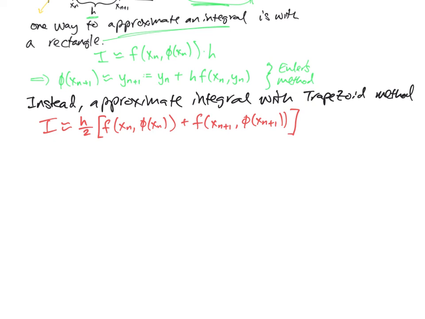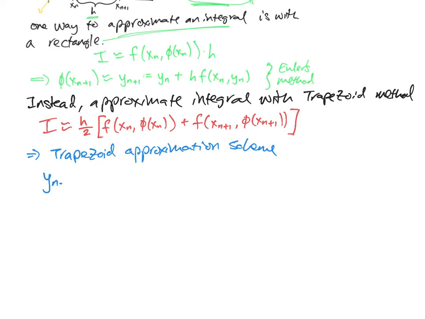So now if we replace those phis with y, then you get what's called the trapezoid approximation scheme.